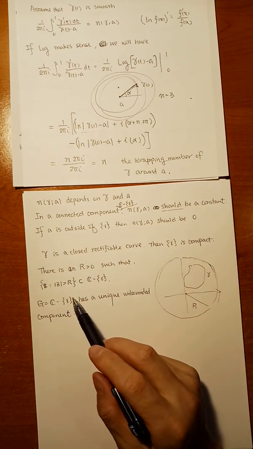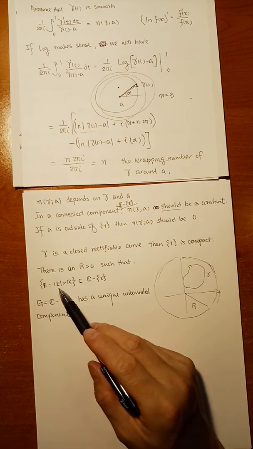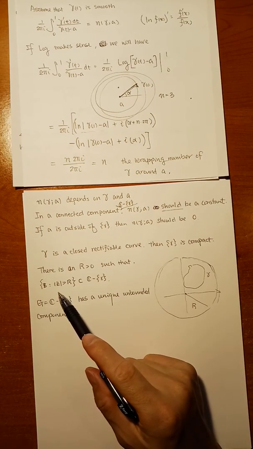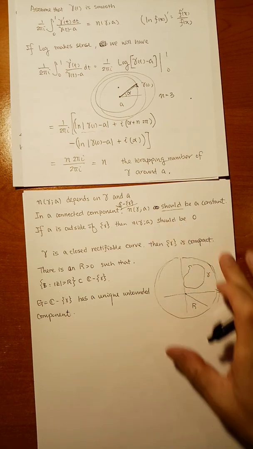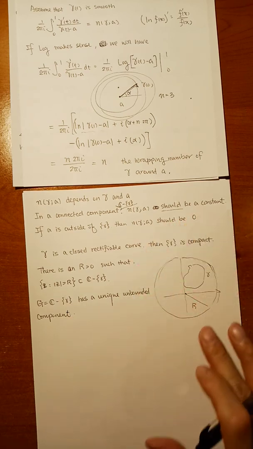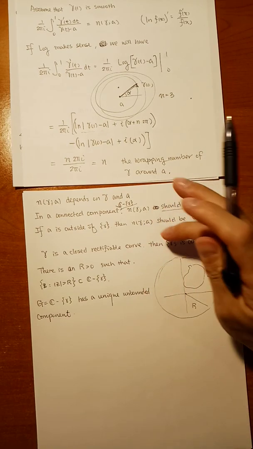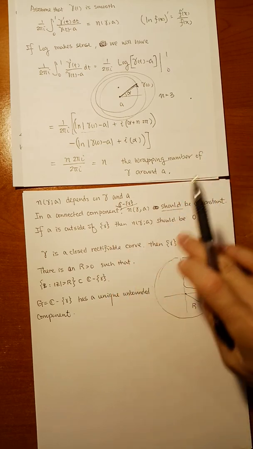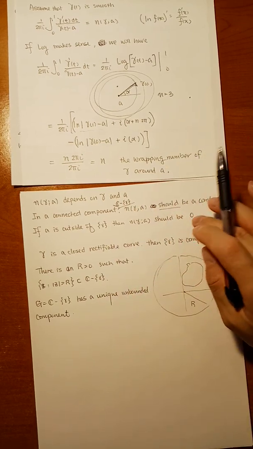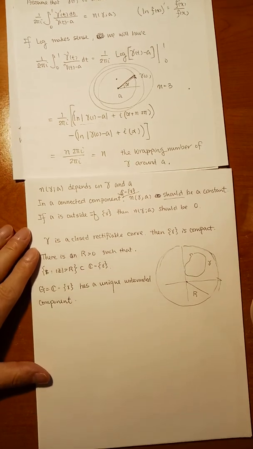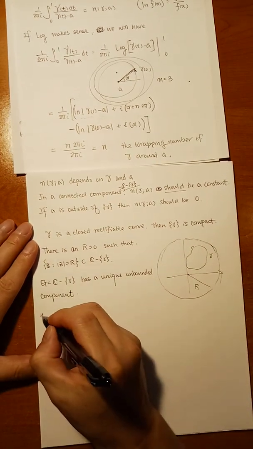This is a neighborhood of infinity. The exterior part of the closed disk is always a neighborhood of infinity. Just one, because whenever you have an unbounded component, it will totally contain it. Then that's unique.